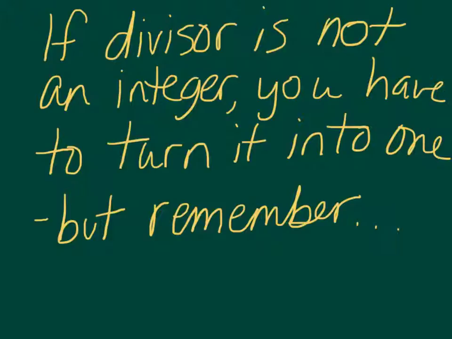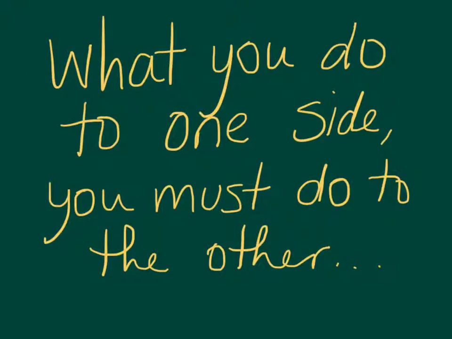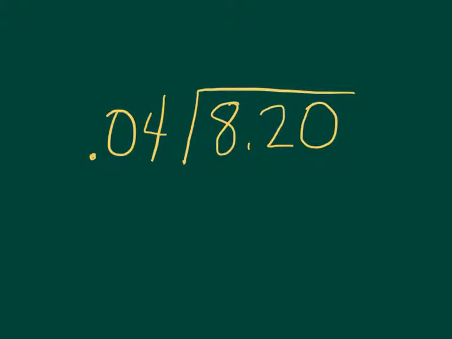Let's look at what happens if the divisor is not an integer. It means you'll have to turn it into one. But the thing to remember, what you do to one side, you must do to the other. That will always be the rule in math. So, in this case, to get the 4 to an integer, we're going to have to multiply it by 100.